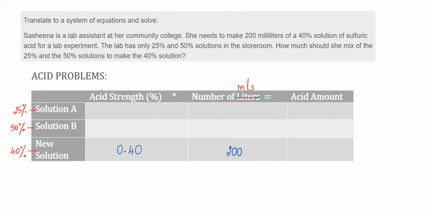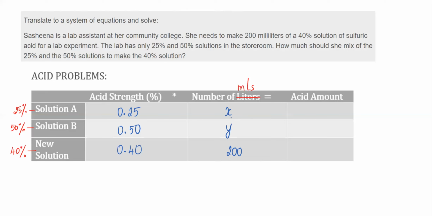Acid strength of solution A was 25%, so it's 0.25. And acid strength of solution B is 50%, 0.50. Now we do not know the number of milliliters of solution A, so we're going to call it X. We don't know about solution B either. We're going to call it Y.